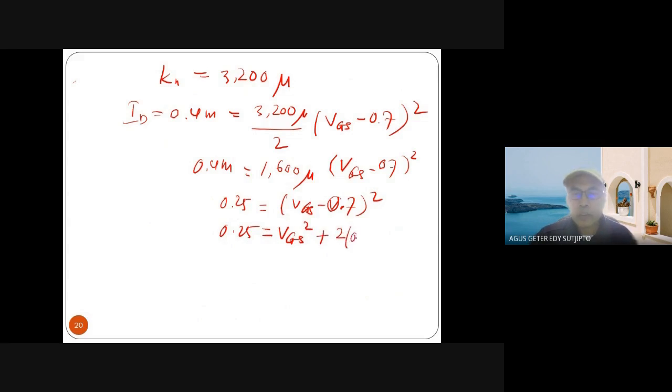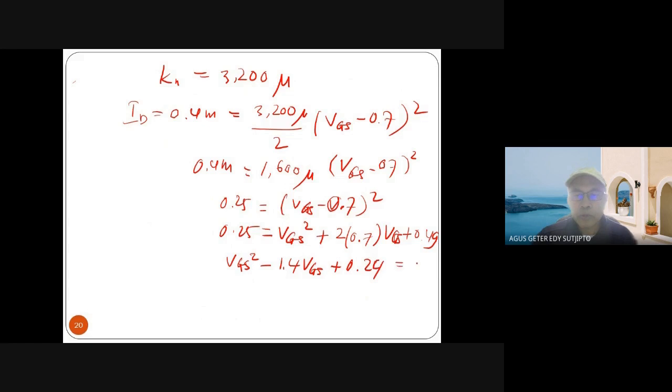Then we have the ABC equation, which I think you know already. 0.25 equals VGS squared plus 2 times VGS times minus 0.7, plus 0.49, that is C, B squared, so 0.7 squared is 0.49.